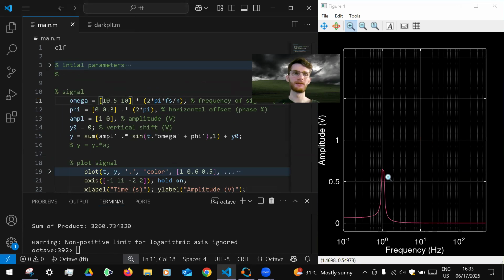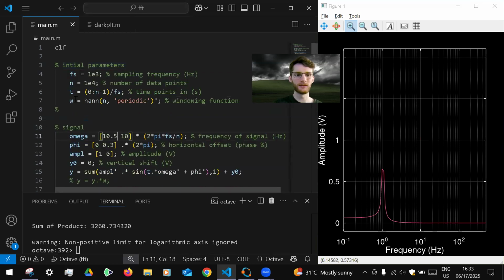Now, this can cause some problems where spectral leakage makes it really hard to see those spikes. So you might use something called a windowing function. Over here, I didn't actually introduce this, I just acknowledged that it exists. This is a windowing function where you multiply it by your signal.